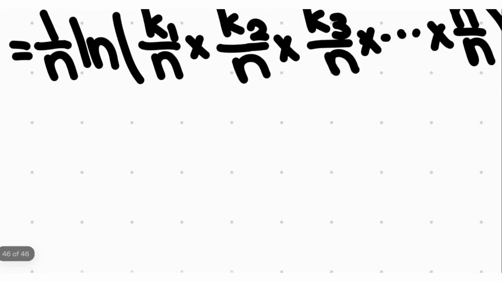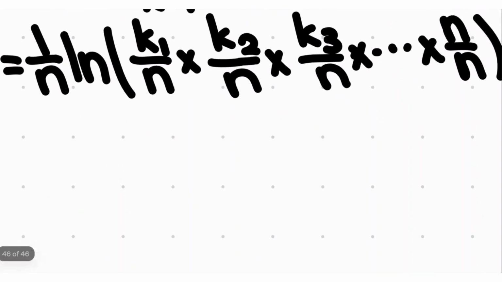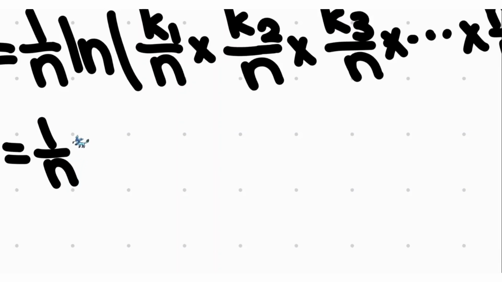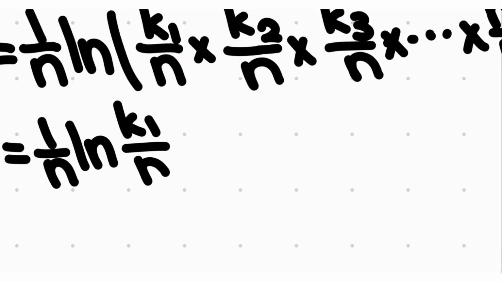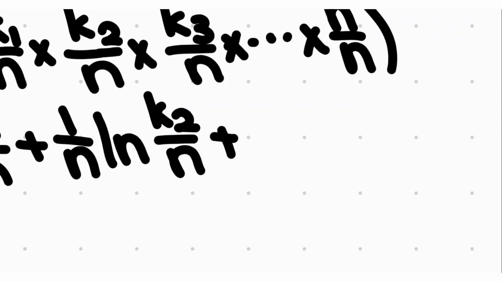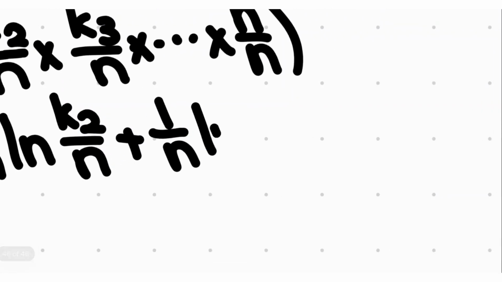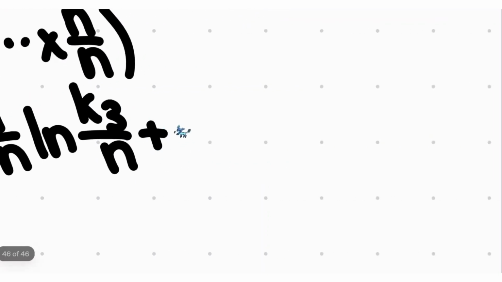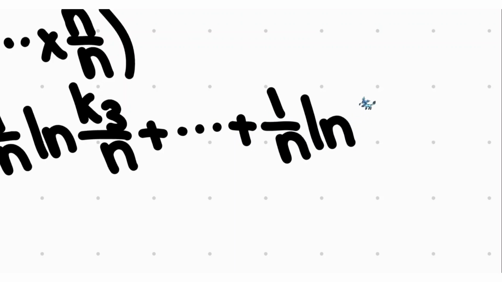So notice that it's all multiplication, and there's actually a logarithm property for this that we can use, and this will make it equal to 1 over n times the natural log of 1 over n plus 1 over n times the natural log of 2 over n plus 1 over n times the natural log of 3 over n, and this goes on all the way till 1 over n times the natural log of 1.